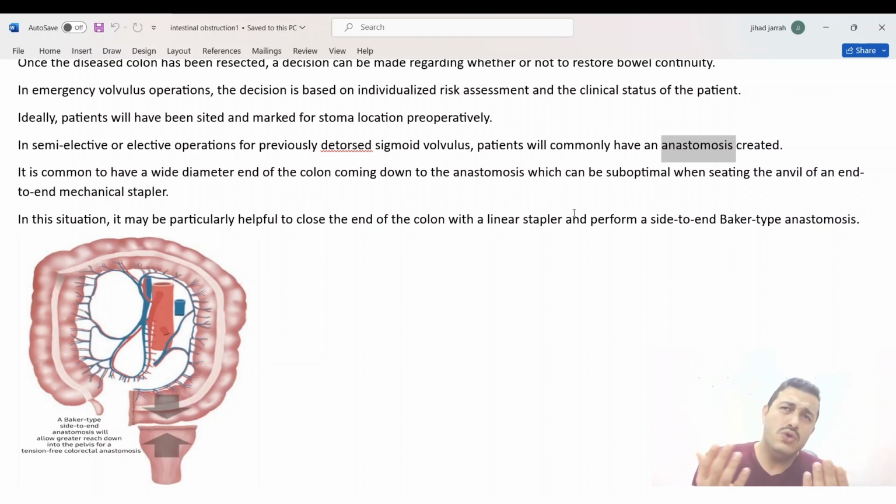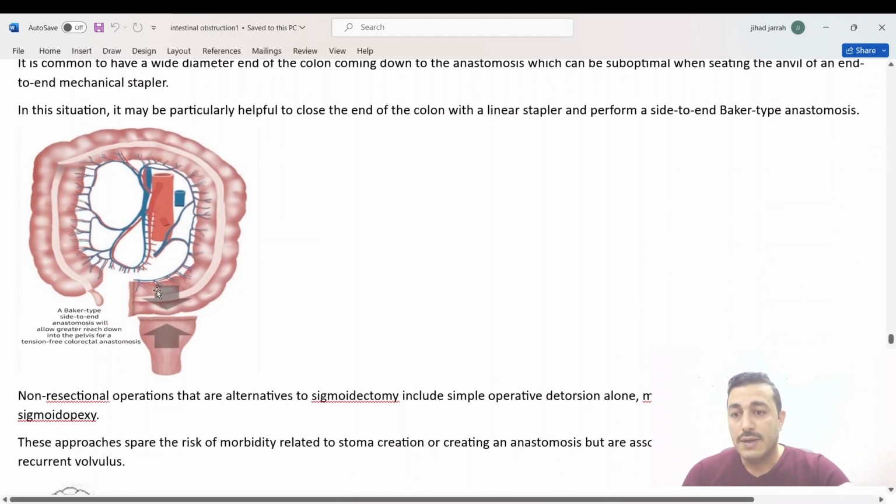Actually, we usually do a circular stapler end-to-end anastomosis. Unfortunately, I don't have a picture here, but you can imagine in this picture, we pass the stapler from here, and a metallic anvil will be here, and they are attached together, making an end-to-end anastomosis.